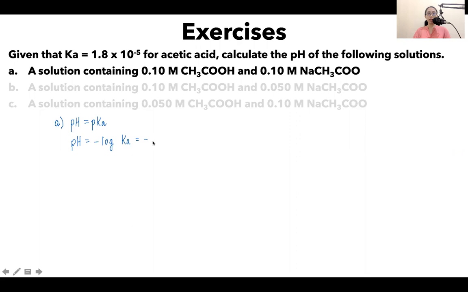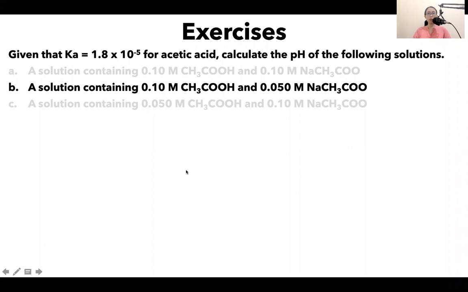So we get the negative logarithm of 1.8 times 10 raised to negative 5, and this is equal to 4.74. So the first one is easy, especially if you understand the importance of the second term in your Henderson-Hasselbalch equation. So let's go to letter B.